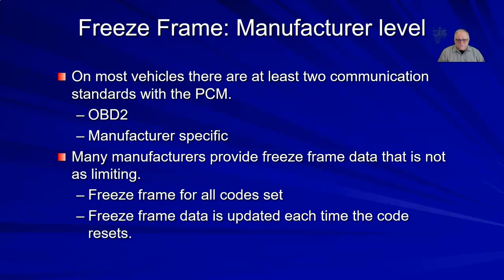The other thing that GM does, each time the code resets, they refresh the freeze frame data. So when the vehicle comes in, if you go to the code on the OBD2, the freeze frame data is from the first time the code set. If you go into the manufacturer code list, the freeze frame is for the last time the code set.